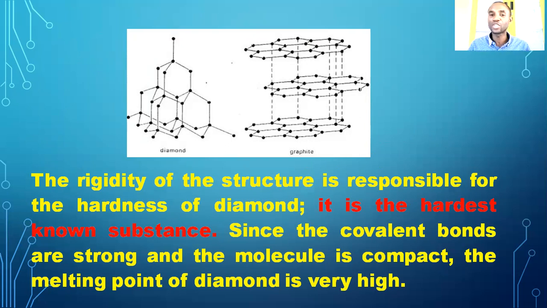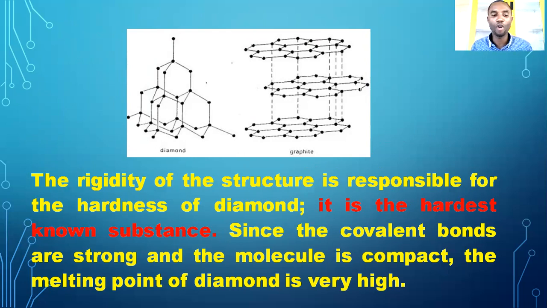Because of the rigidity of the structure, diamond is very hard. That gives it the privilege to be the hardest known substance.